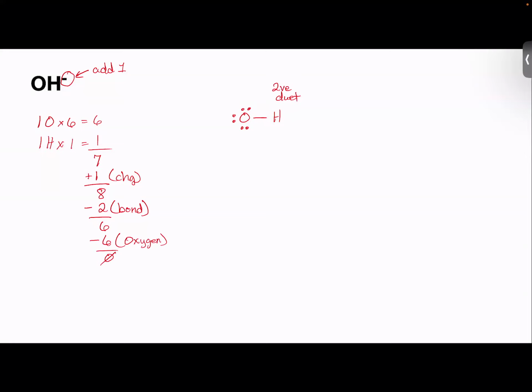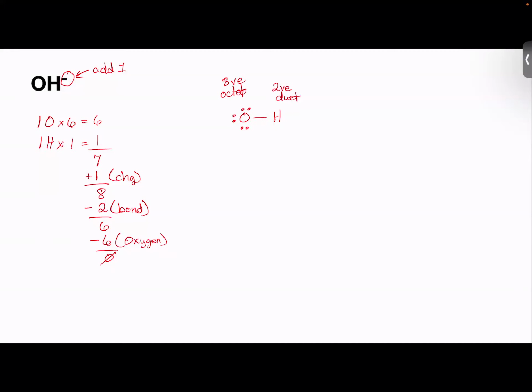Now that you've hit 0, you verify that everybody has an octet, and everybody does, because your hydrogen has 2 valence electrons, which is its duet, and oxygen has 8 valence electrons, which is an octet. It has 6 electrons in lone pairs and 2 in a bond. But we're not quite done.